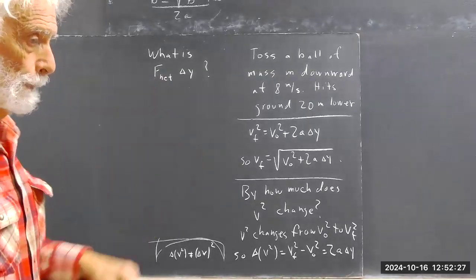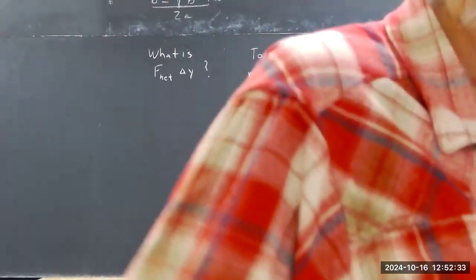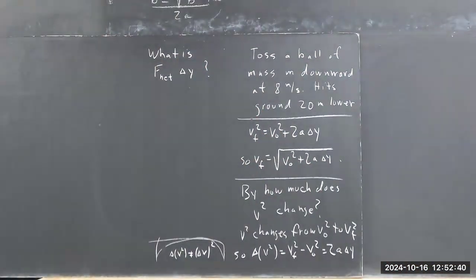What is F net delta y? Well, you've got delta y, 20 meters. What's F net? Talk about it for a minute.